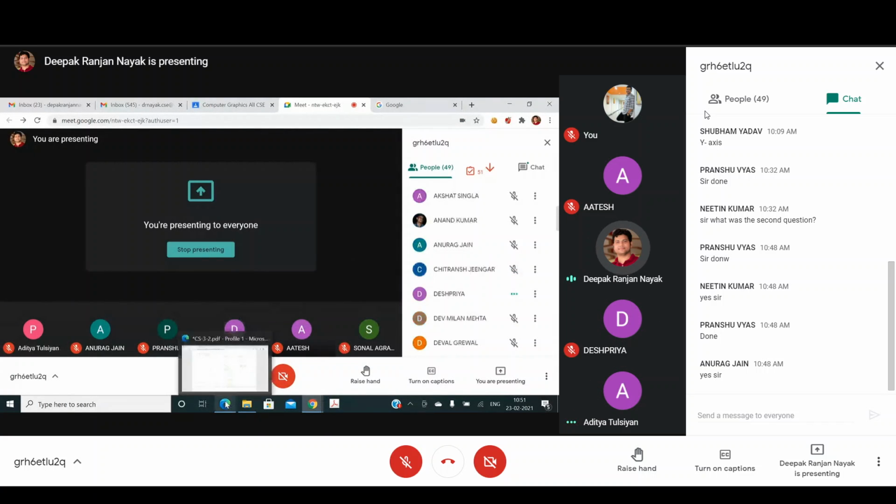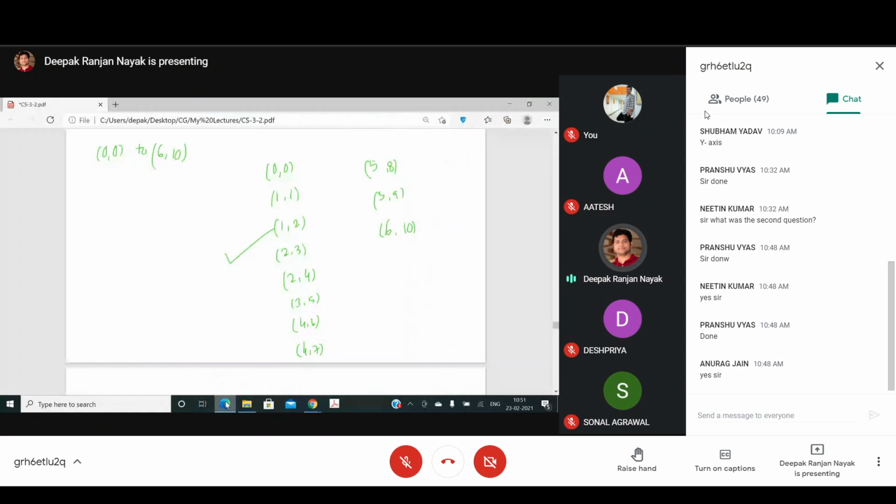So we have seen 2-3 examples of line drawing, right? Given 2 endpoints, using Bresenham, using DDA, using the direct calculation method. We have seen the limitations of direct calculation, limitations of DDA, advantages of Bresenham's line drawing algorithm.